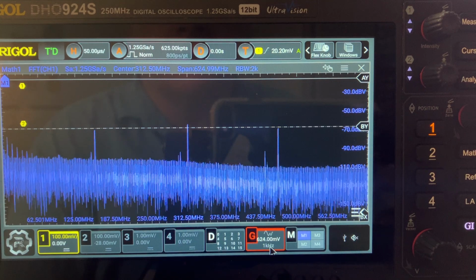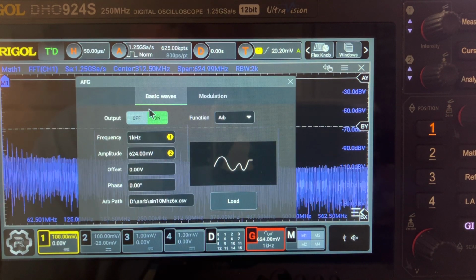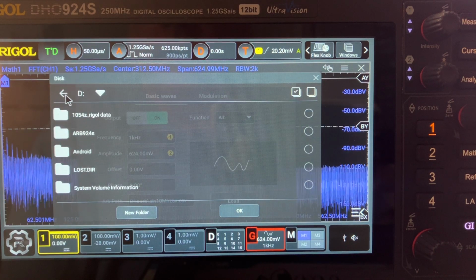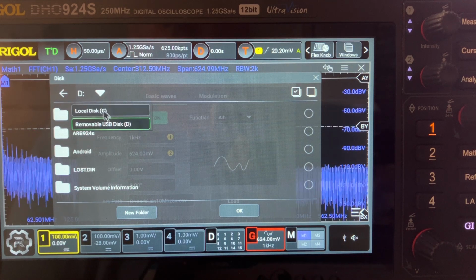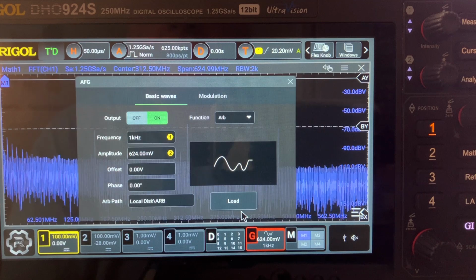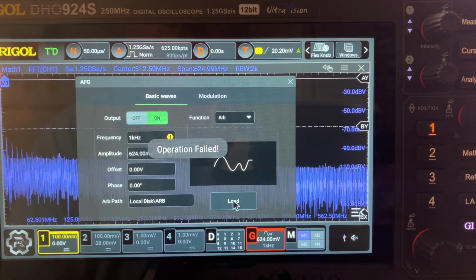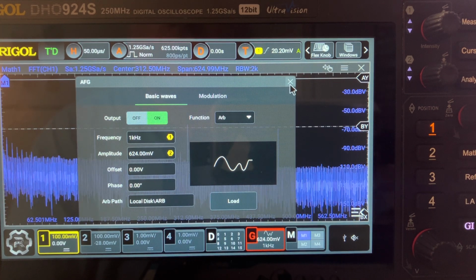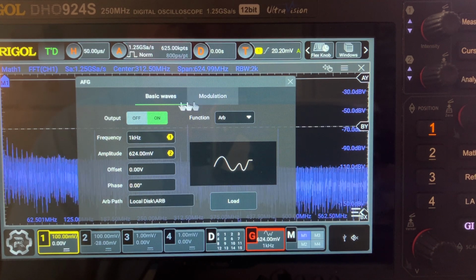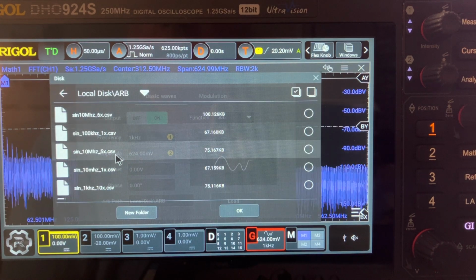So it's 1 kilohertz. That's not the right one. Let's have a look again. I think I have a better one on internal memory. Times 6. Load. Operation fail. Oh, so where's the big one? I could use the time 10. 10 megahertz time 10.